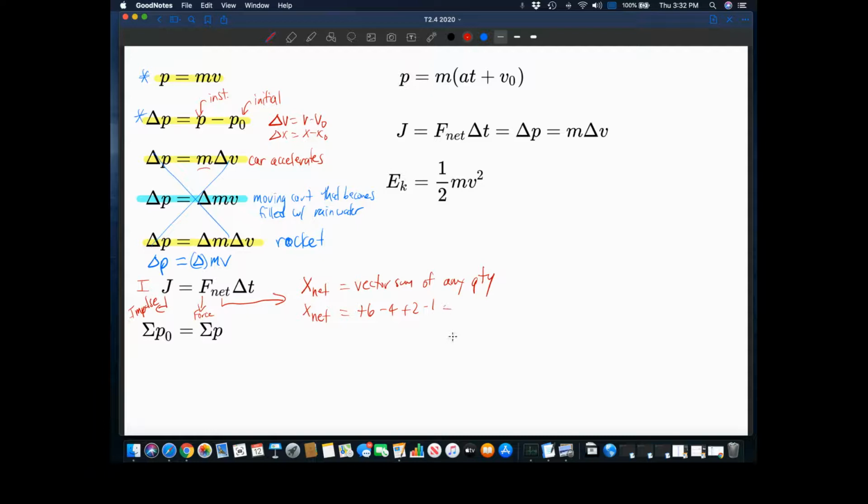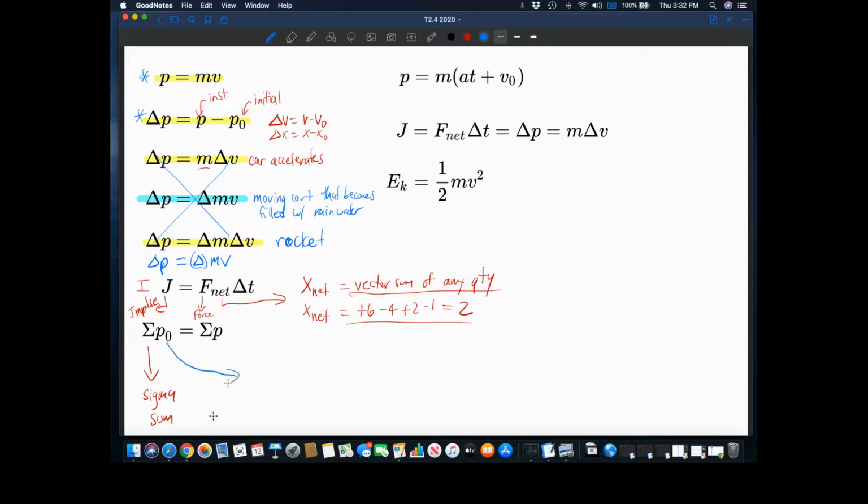The net of all of that is 2. That's what we mean by the vector sum. We add up all of them and we end up with 2. Another way of saying the vector sum or the sum of everything is simply to use this Greek letter sigma, which also means sum.